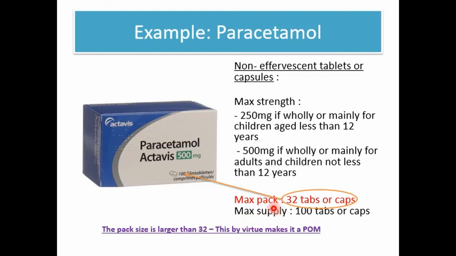In most cases, when medicines exceed the maximum pack size of their legislation, they get moved into the next category. So anything packaged larger than 32, even if it was 36 tablets in a box, would be a POM.